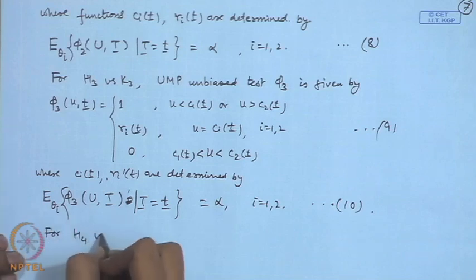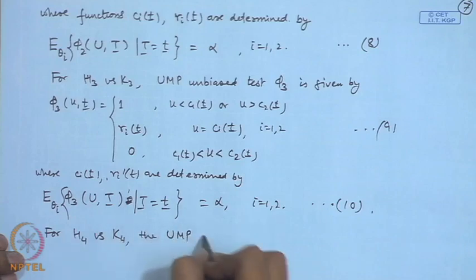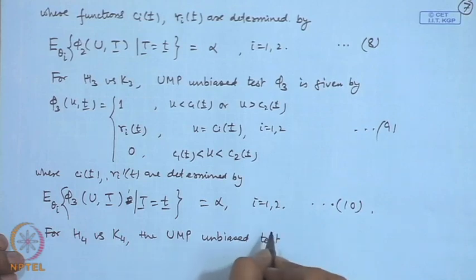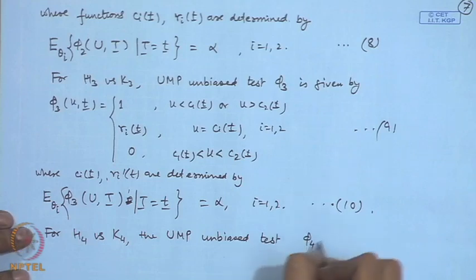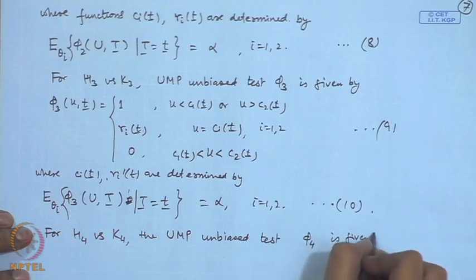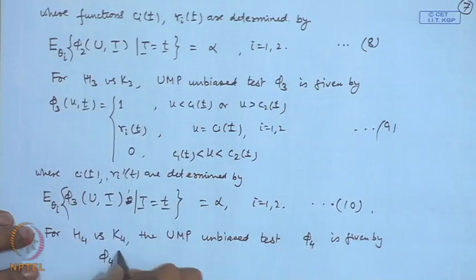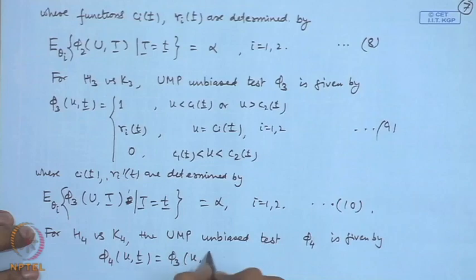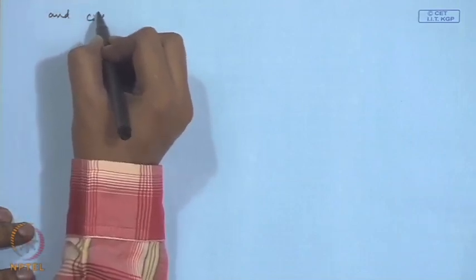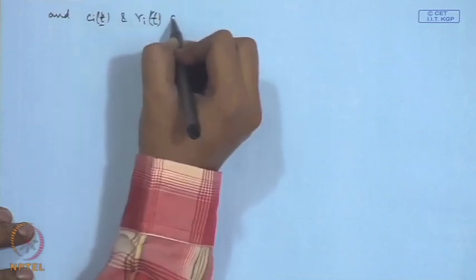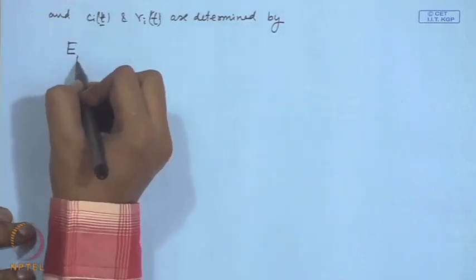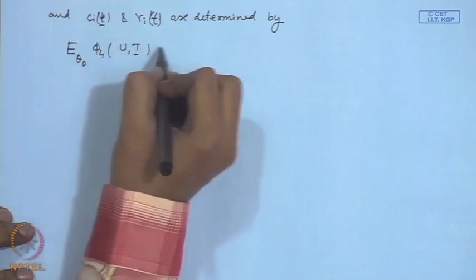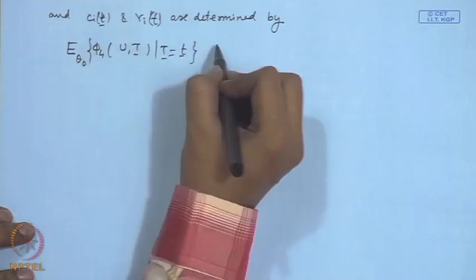For H 4 versus K 4, the UMP unbiased test, that will be phi 4, actually phi 4 will be same as phi 3, and C i's and gamma i's are determined by expectation of theta naught phi 4 u t, given t is equal to t, it is equal to alpha.